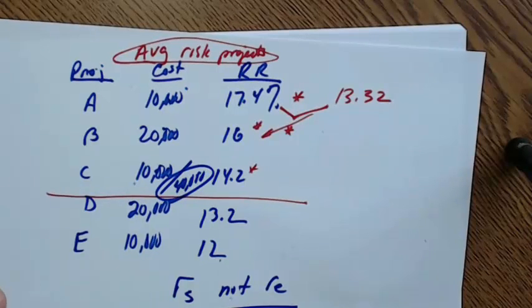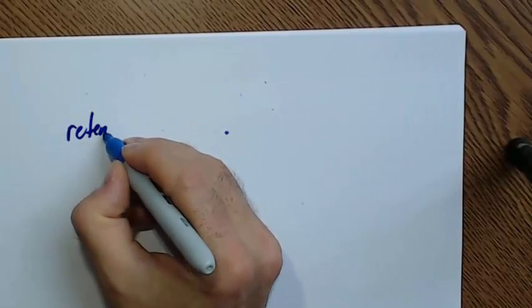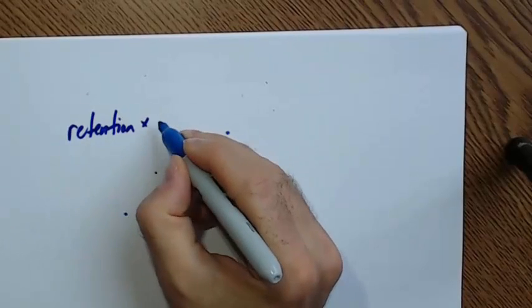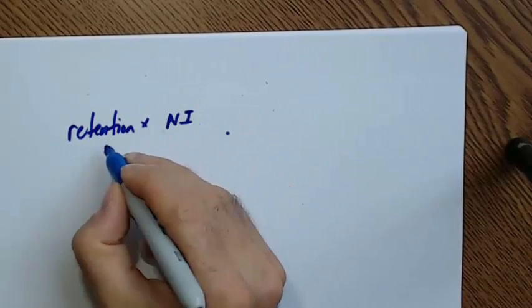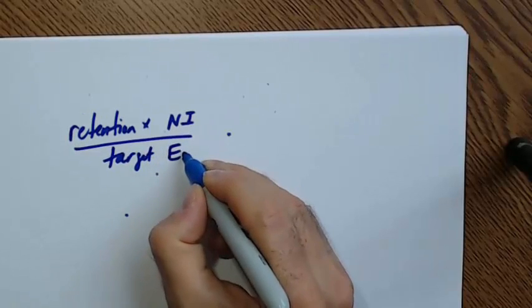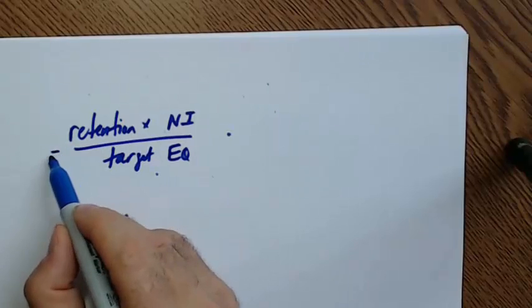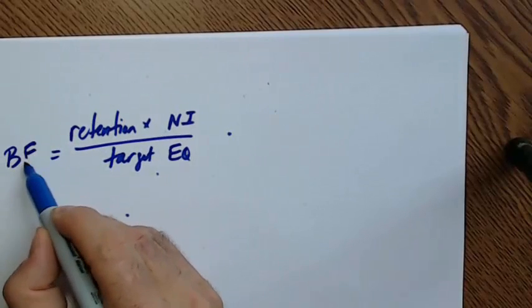Well, the formula for figuring out the break-even point is this. The formula is your retention ratio times your net income divided by the target equity rate. That is the formula for break-even. I'll call it BE for break-even.